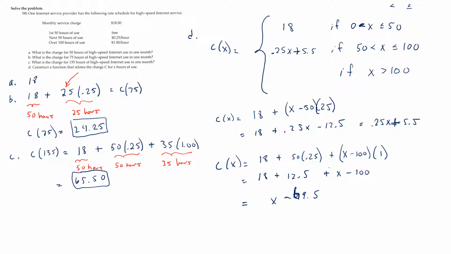And so x minus 69.5 should model how much it costs if I use the internet for more than 100 hours. And to check that, we can check it against what we got for part C. I should be able to plug 135 into this, and I should get my answer to part C. And so 135 minus 69.5 is sure enough 65.5.